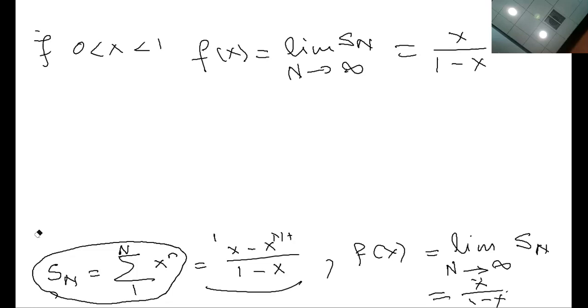So the theorem I'm giving you now is that if you have a sum or a series of functions which are continuously differentiable, and it is convergent, then the derivative of the limit is equal to the sum of the derivatives.